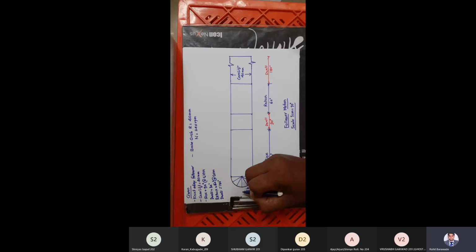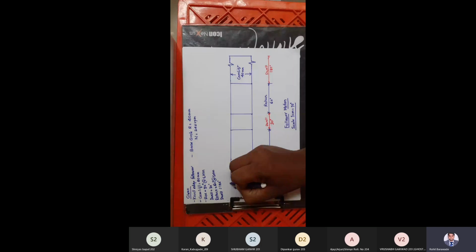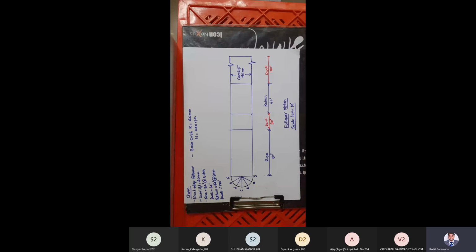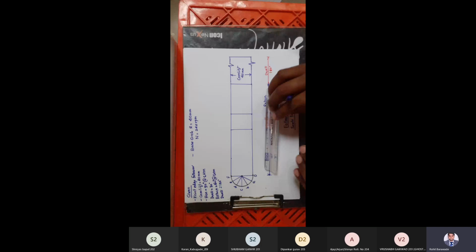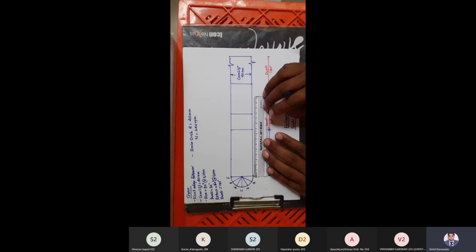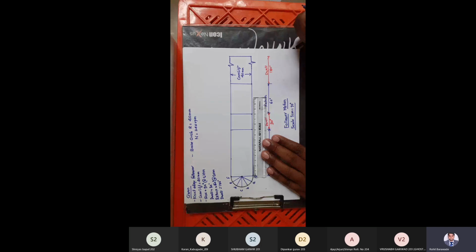And then this rise period as well as the return period, I will divide into 6 parts. Why will I divide the rise period and return period into 6 parts? Because this half circle represents a simple harmonic motion, and I will divide this half circle into 6 parts. That's why I am dividing the rise period into 6 parts.